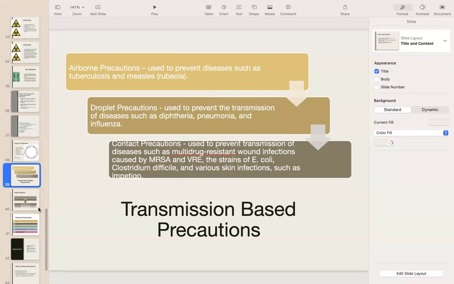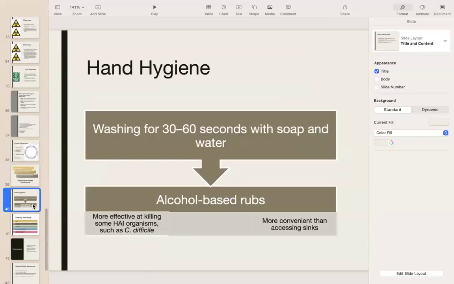So these are a few of the measures that we take in addition to our standard precautions, like making sure we use gloves and wash our hands. These are other precautions that we can take to help prevent the spread of infection.